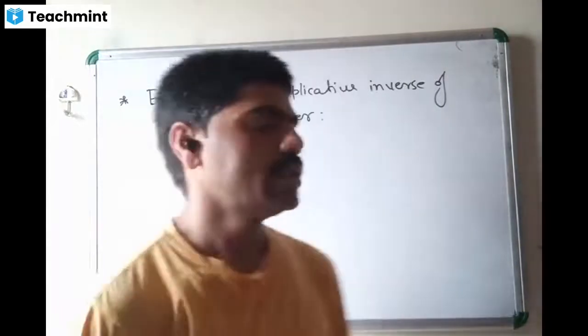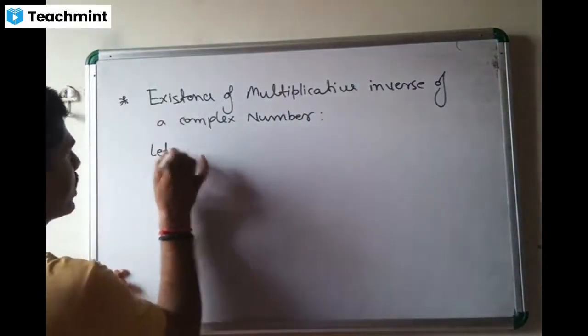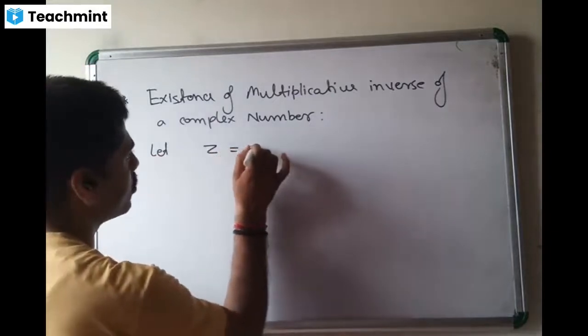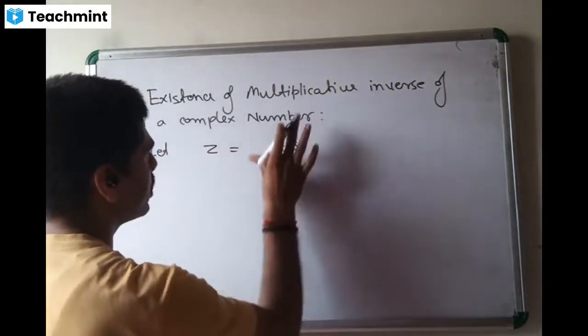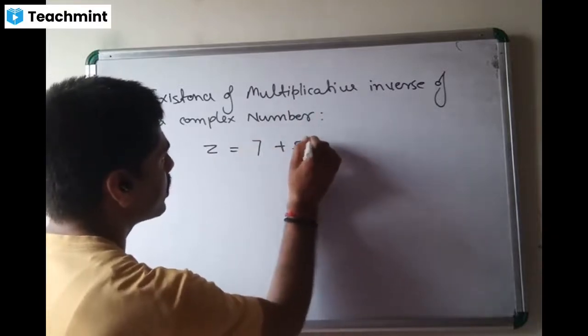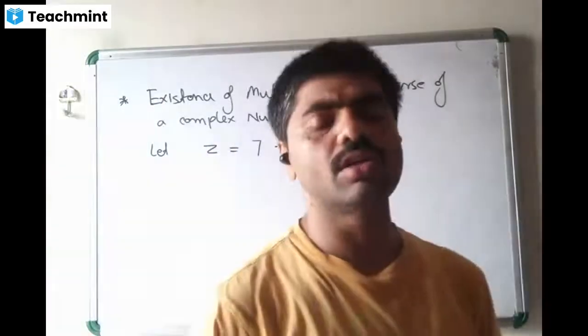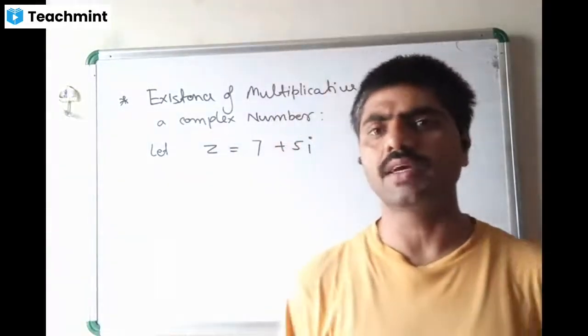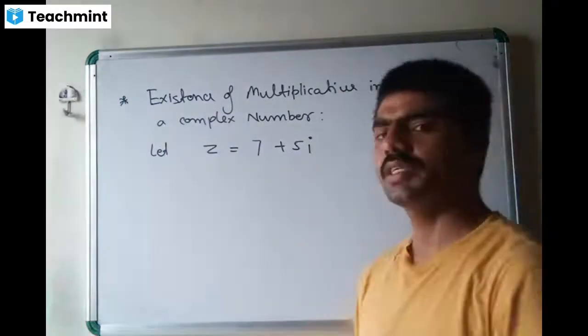Suppose that you have a complex number. For example, let z is equal to 7 plus 5i. It is a complex number. Now find the multiplicative inverse of this.